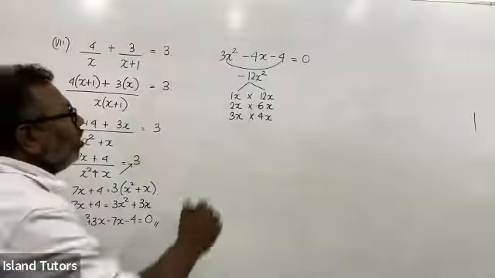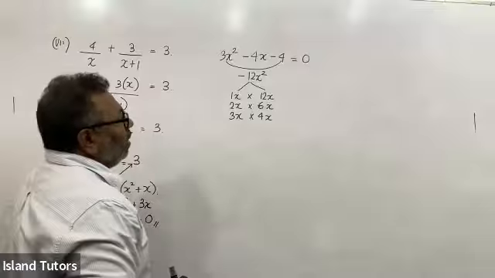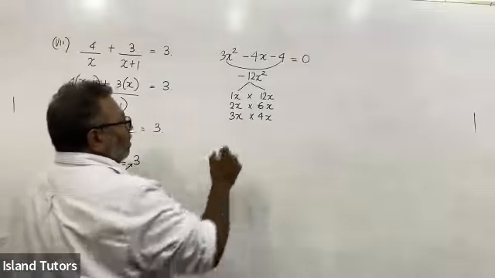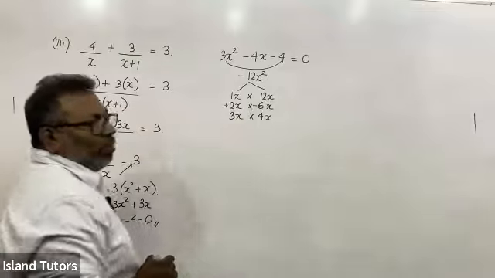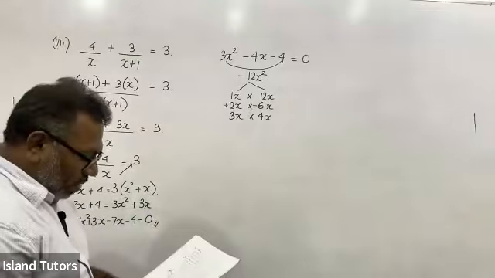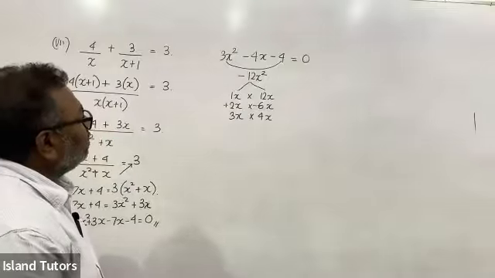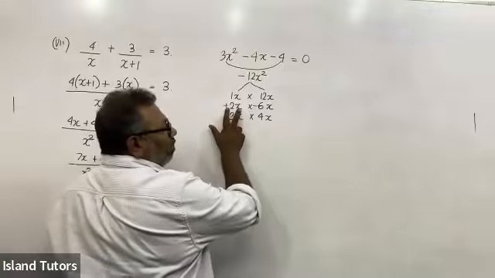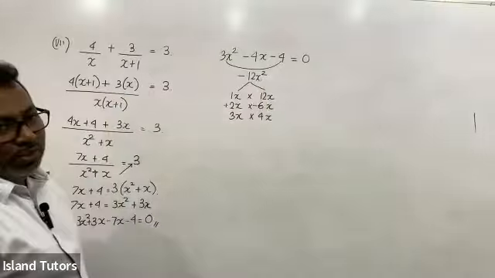Okay? We want to get minus 4x in the middle. So this has to be minus 6x plus 2x. Right? Minus 6x and plus 2x. When you multiply plus 2x and minus 6x, you're getting minus 12x squared.